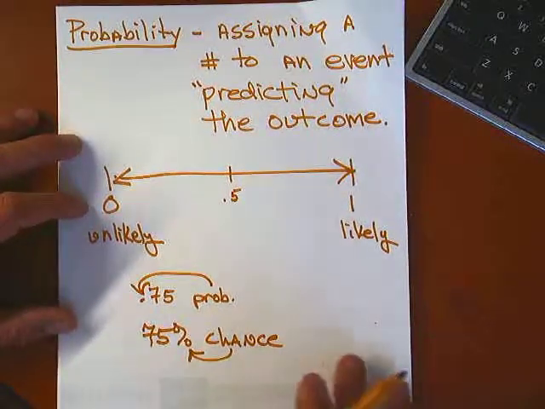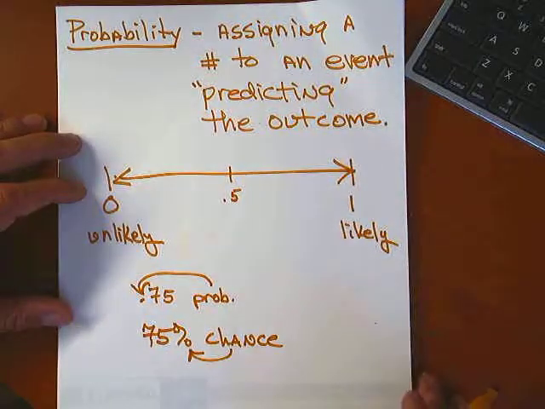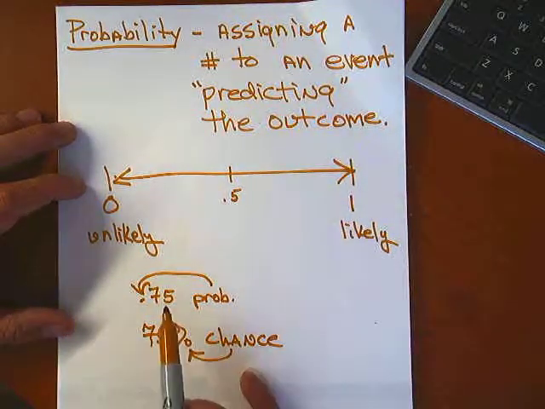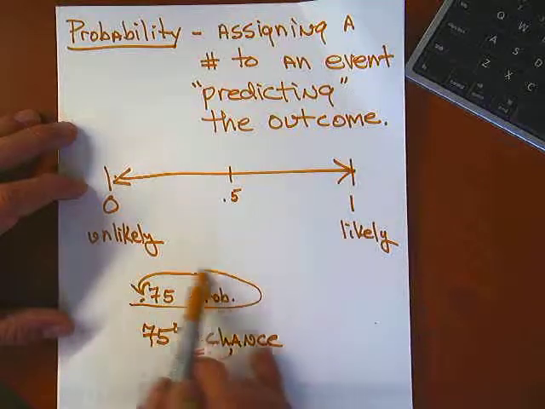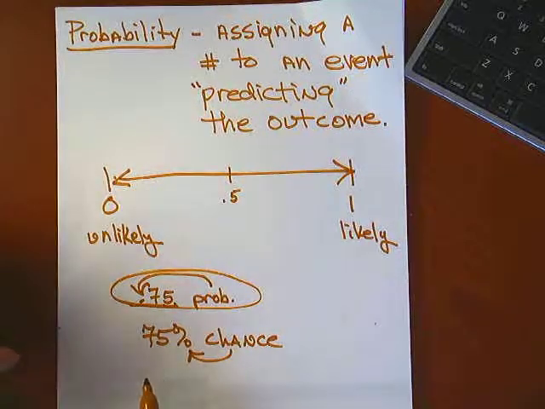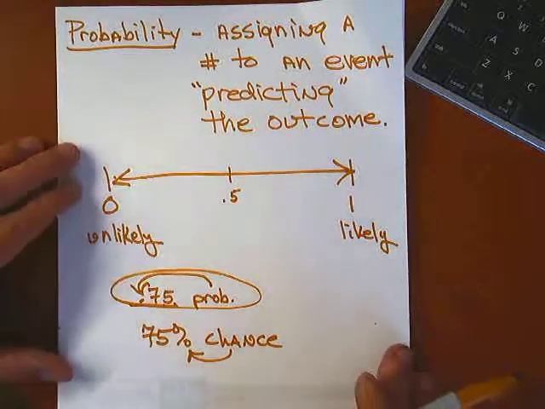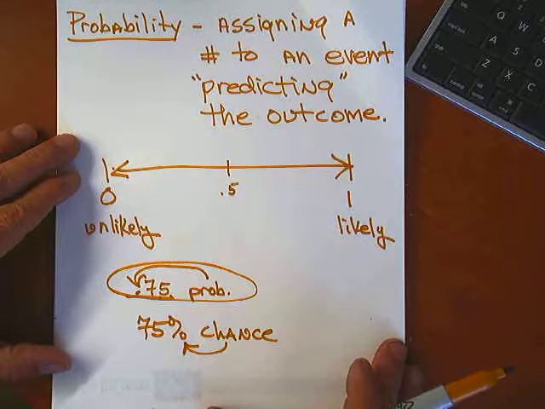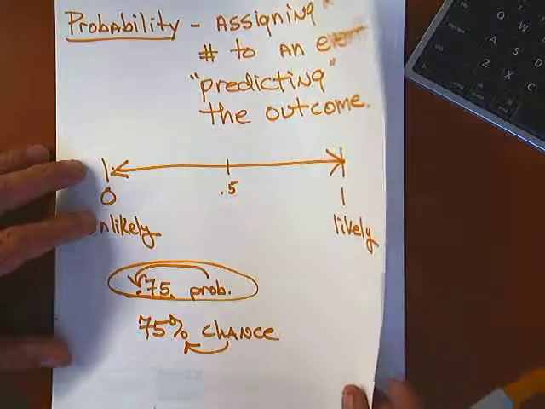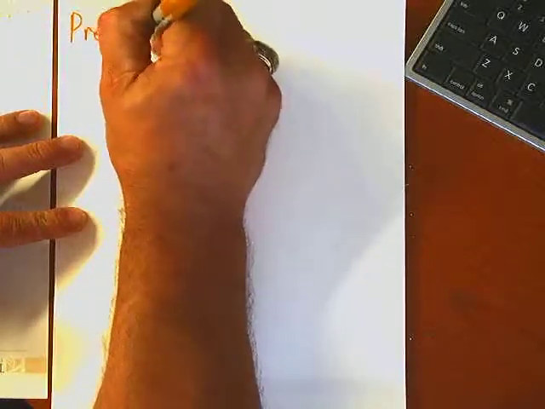There are some teachers that say, 75% chance is just as good as 0.75 probability, but I had professors go with this when talking about probability. And can we predict? Can we predict what's going to happen? Can we predict the future?